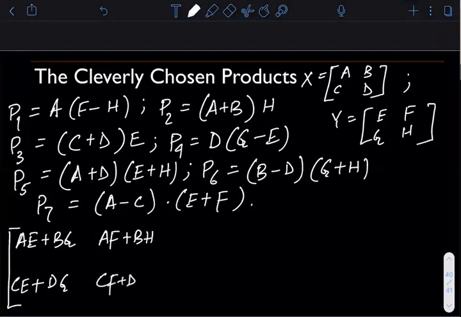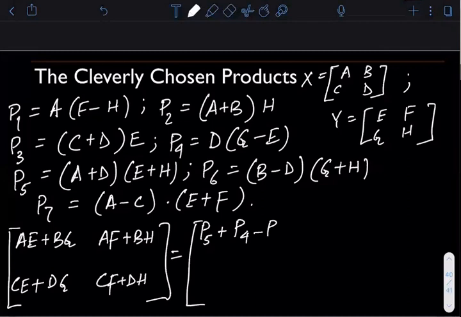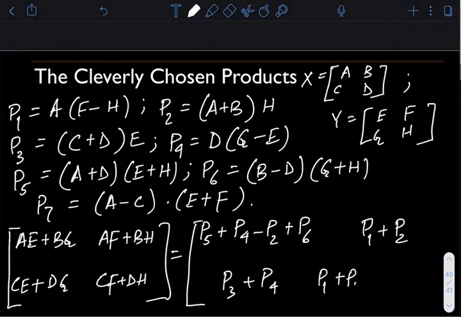Remember, eventually we are interested in these 4 quantities. Now I'm going to show you how to express these in terms of the P's that we have computed. This is P5 plus P4 minus P2 plus P6, P1 plus P2, this is P3 plus P4, and this is P1 plus P5 minus P3 minus P7.